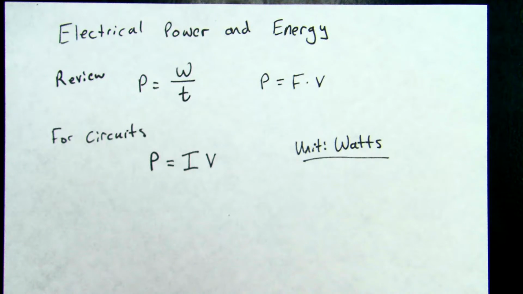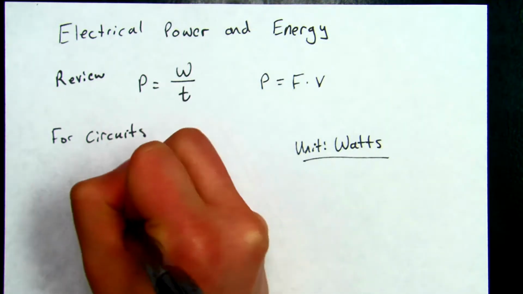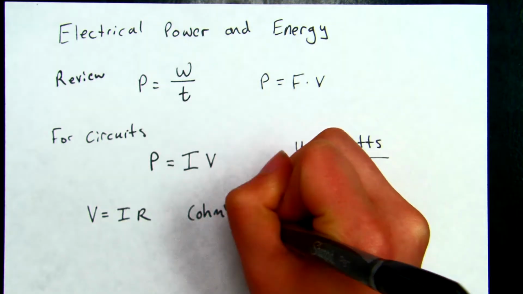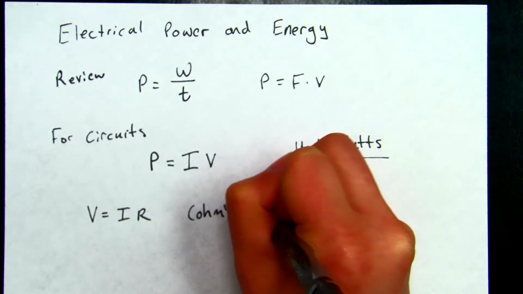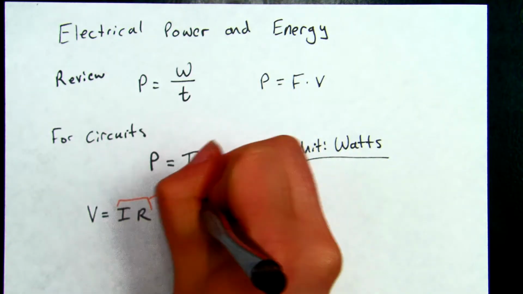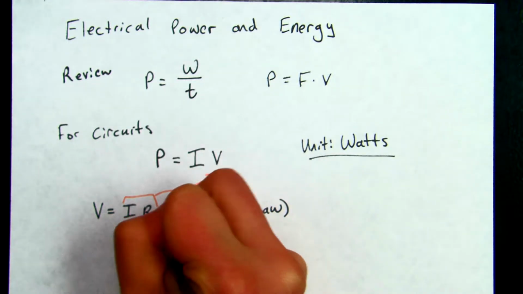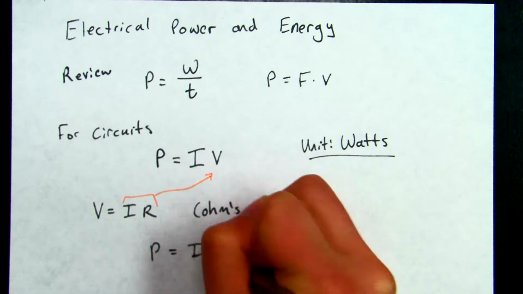Well, if we insert Ohm's law into this, we know that V is also equal to IR. That's Ohm's law, which we've been using, or which we will use and have used in our circuits. We can actually plug that in for V. So we can actually take this whole thing in and plug it in for V. If we do that, we see that power can also equal I times IR.